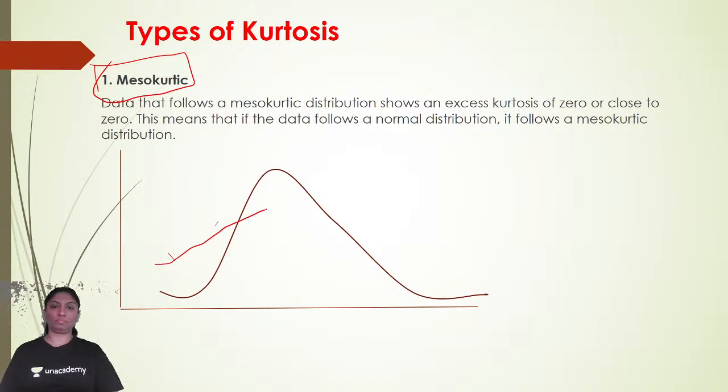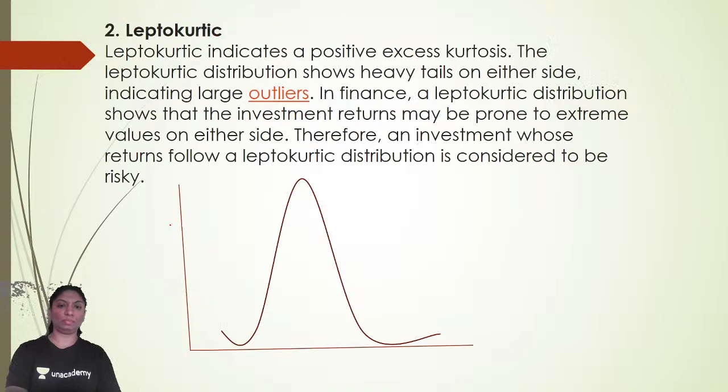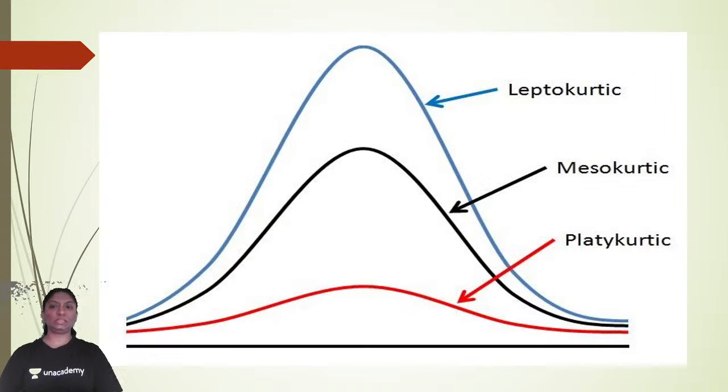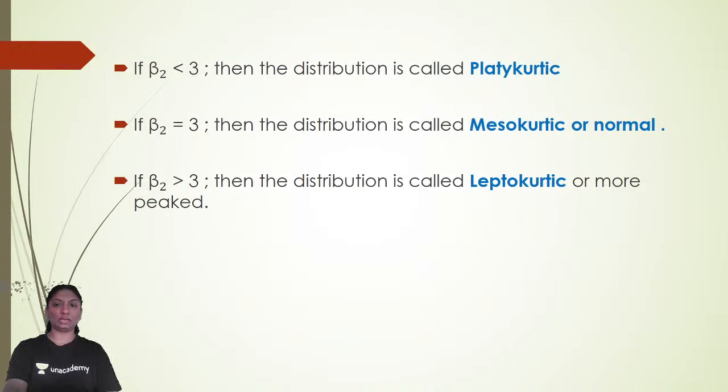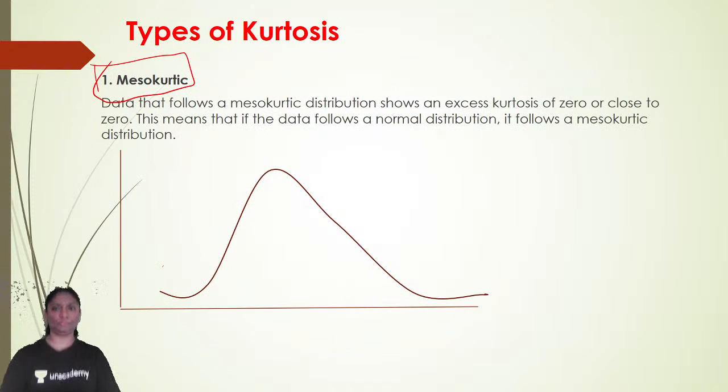The mesokurtic distribution looks the same as the normal distribution. This is the normal distribution.